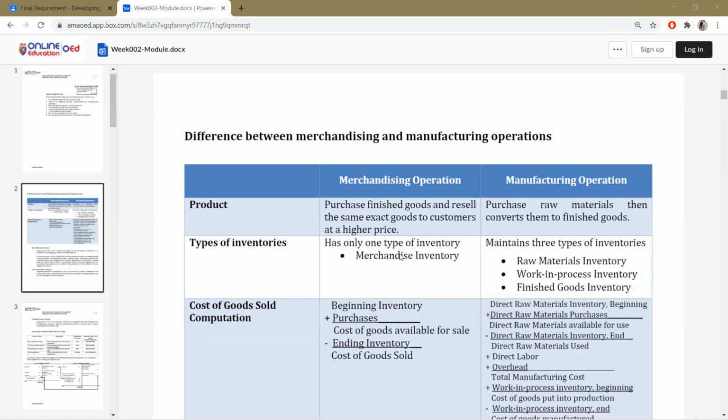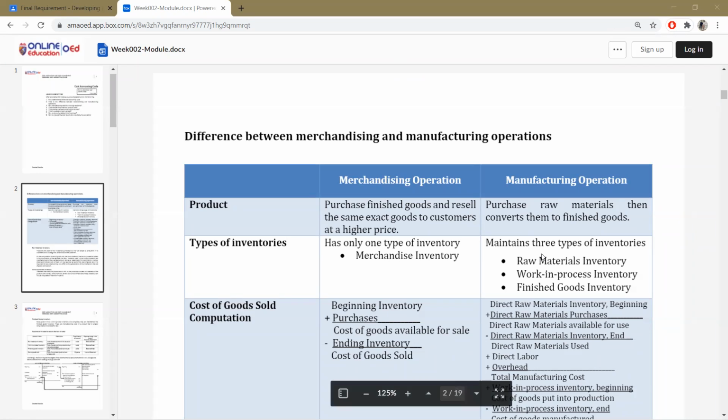So in terms of a ballpen manufacturing company, these are the ink, the plastic container, the caps. These are the raw materials inventory, the materials that we are using in converting the product into what we ought to make.